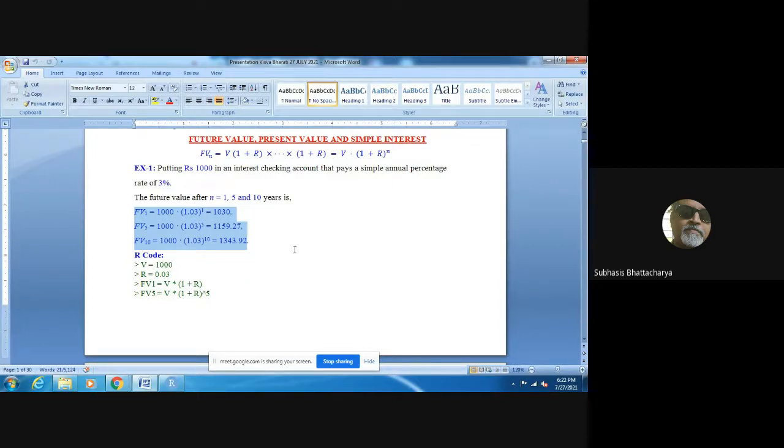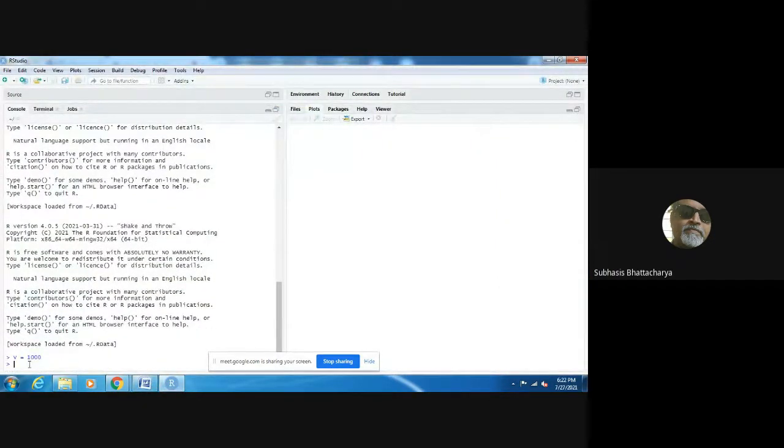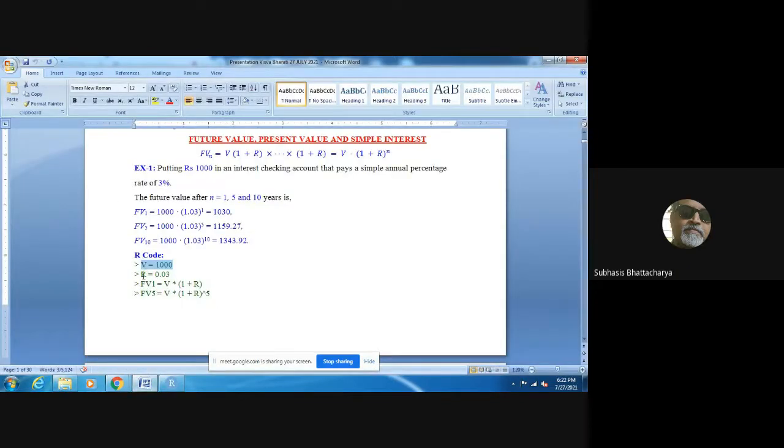So how do we write the R code? According to this formula, V is 1000, so I copy this, and R is 0.03, that is 3%.